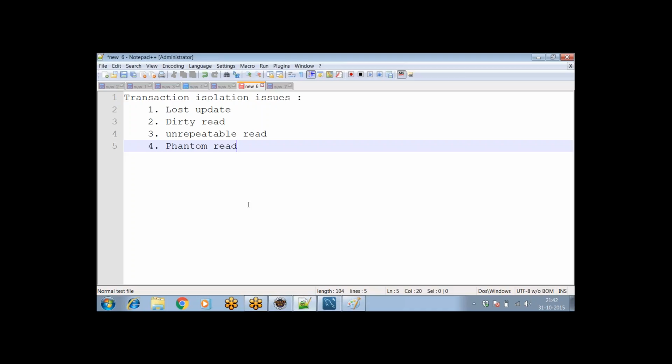You'll find that in case of phantom read, we'll be talking about multiple rows. That means if a transaction is reading a set of rows, it gets two different results twice.